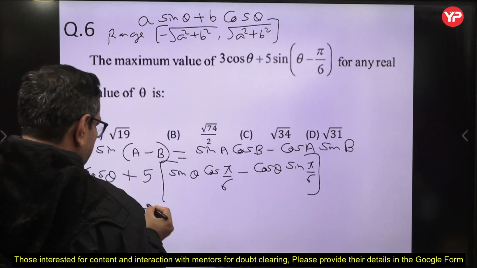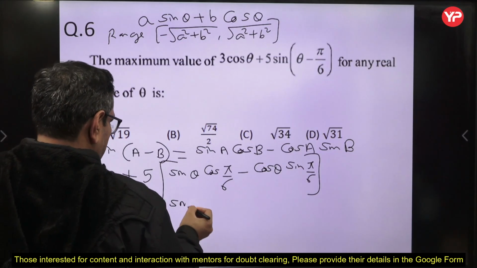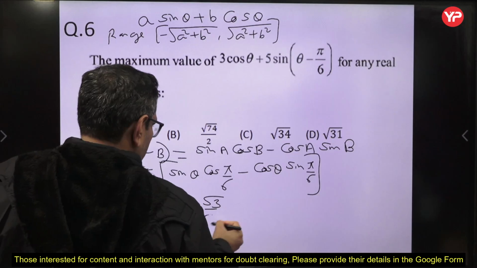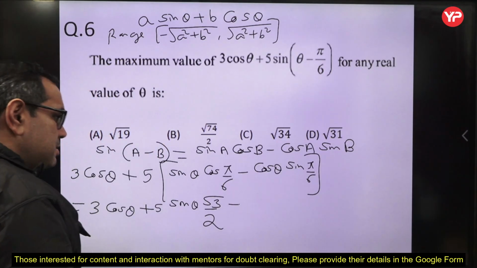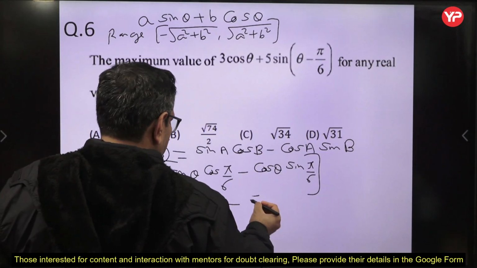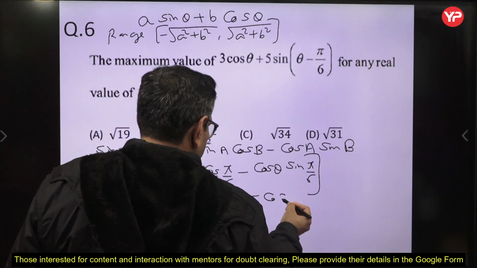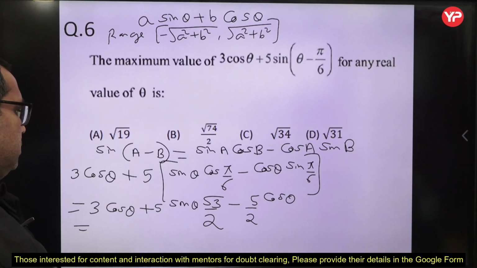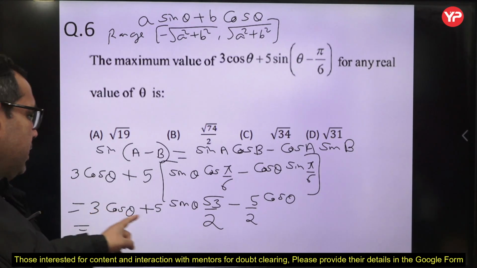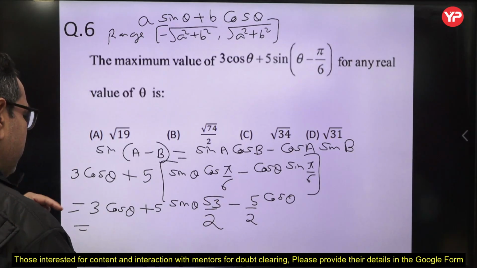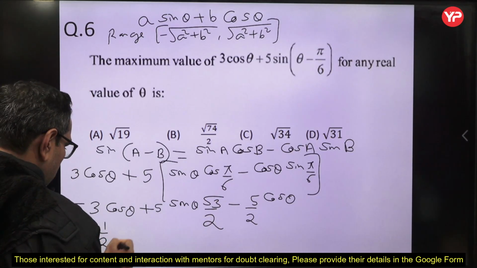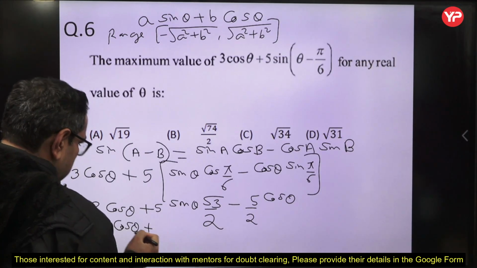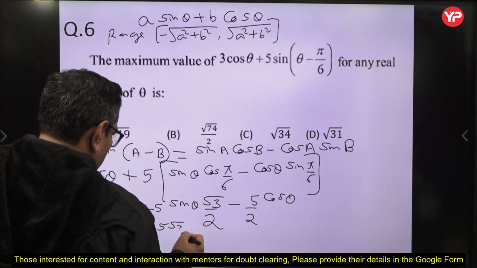So plus we have 5 sin theta into root 3 divided by 2, and sin pi by 6 is 1 by 2, so it is minus 5 upon 2 cos theta. Now this 3 minus 5 by 2 is 1 by 2. So we are getting 1 by 2 cos theta plus 5 root 3 by 2 sin theta.